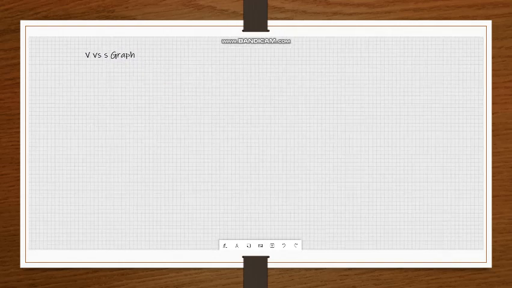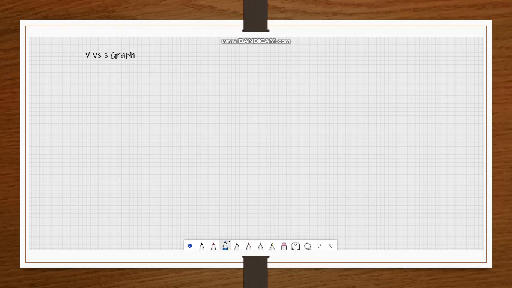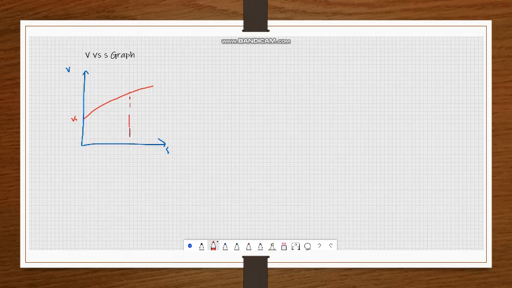Again, let's draw a draft of the velocity and position graph. Let's say we have position here and velocity here, and let's draw v0, which is the initial velocity, and s1.